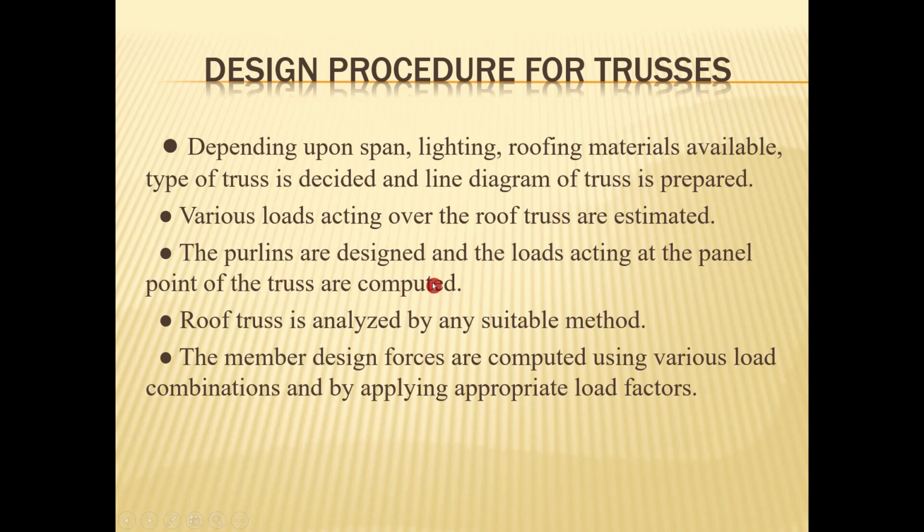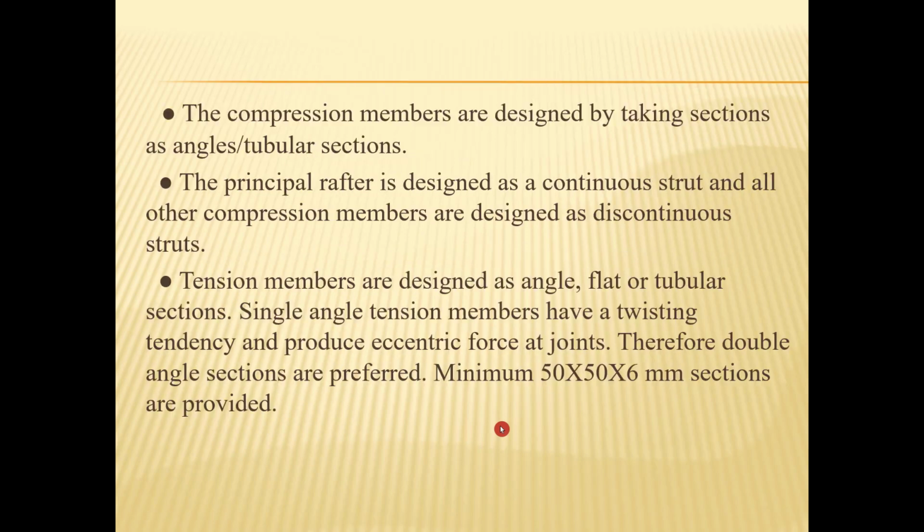After that, the purlins are designed and the loads acting at the panel points of the truss are computed. Then the roof truss can be analyzed by any suitable method, and the member design forces are computed using the various load combinations, and it can be designed after giving appropriate load factors.